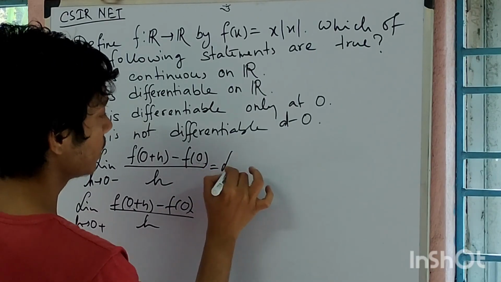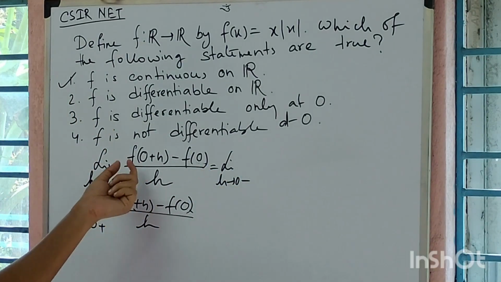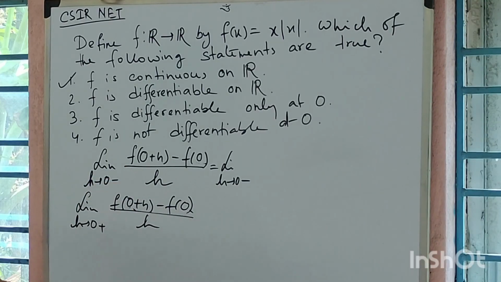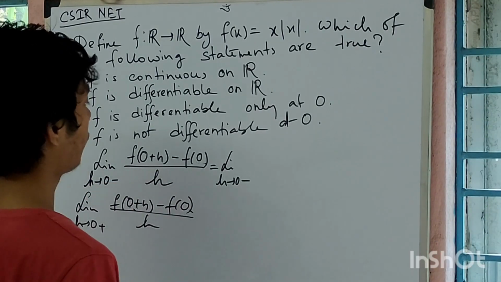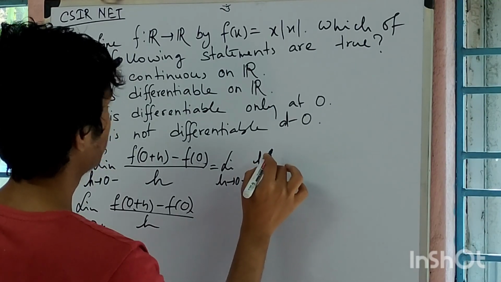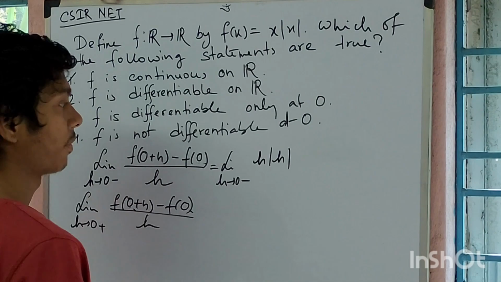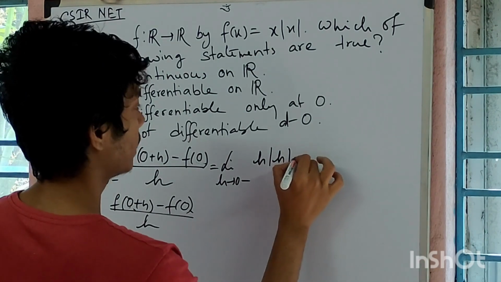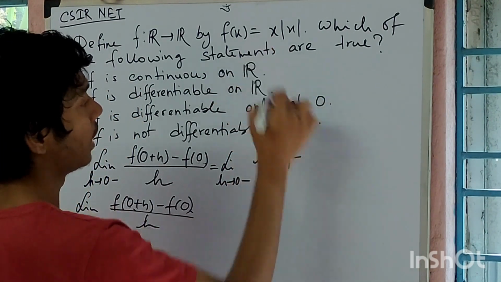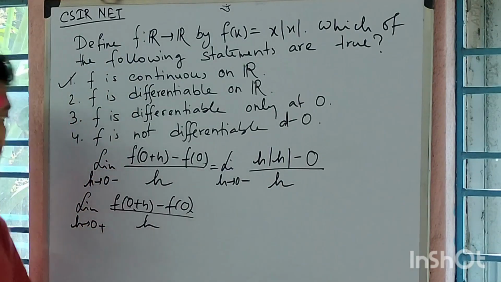The limit as h tends to 0 minus of f(0+h) means f(h). So what is f(h)? f(h) = h|h|, minus f(0). f(0) means if you put 0 here, it will be 0, all divided by h.